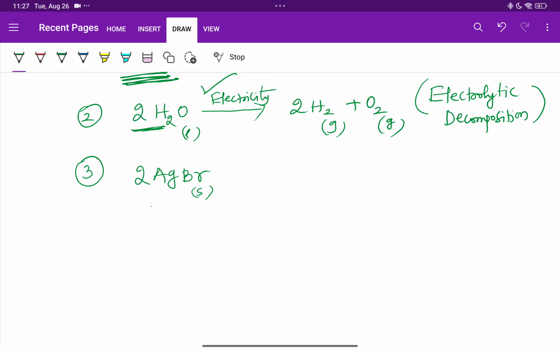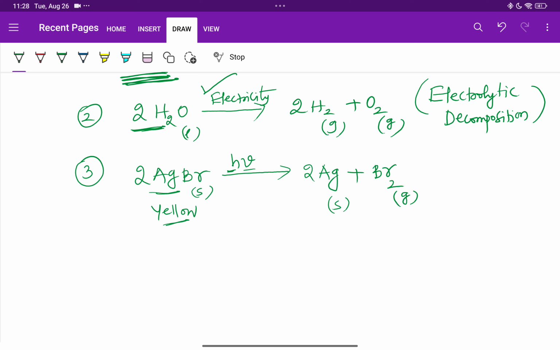And we have a third type of decomposition reaction. I am taking silver bromide, a solid which is yellow in color, and I am exposing it to sunlight. Sunlight here is shown by h nu. H means Planck constant, nu means frequency. With the help of sunlight, silver bromide decomposes into silver and bromine.